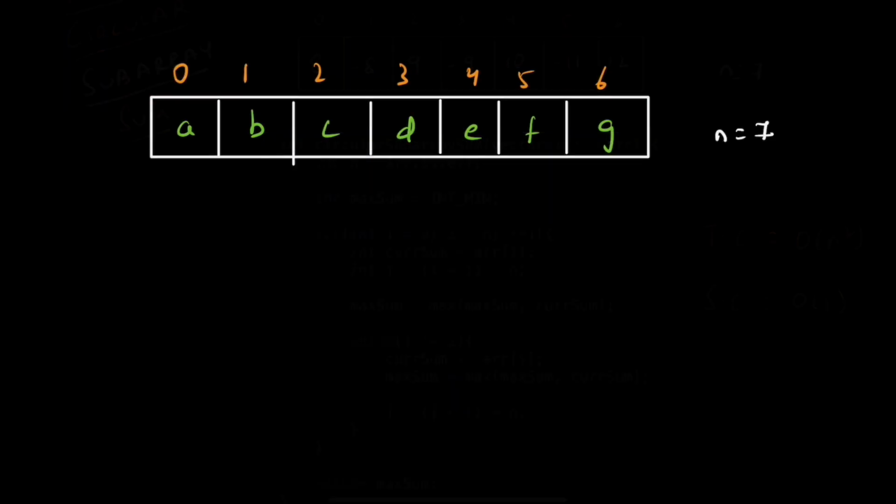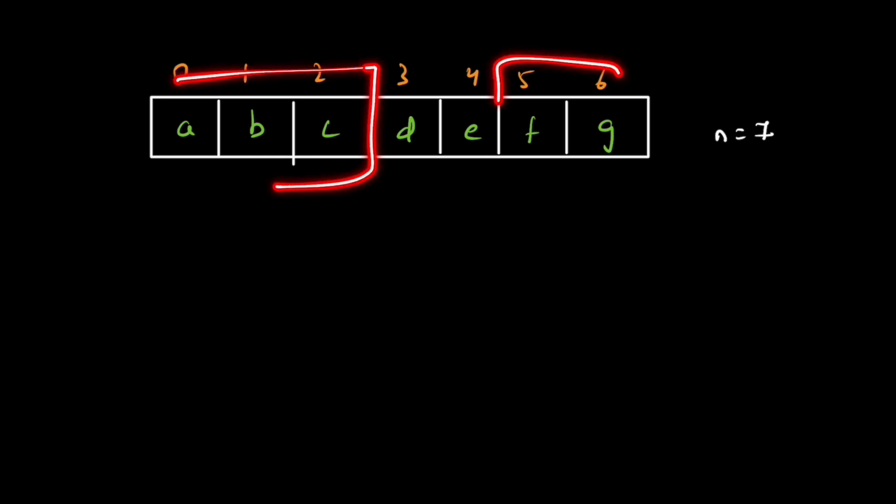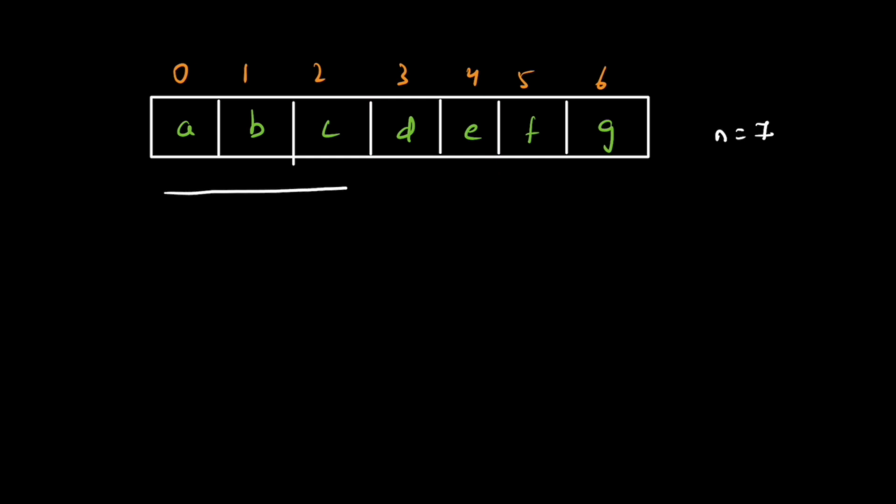Now, before moving to optimize the approach, let's consider this array and find an observation here which will greatly help in solving our problem. Now let's consider this part and this part accumulates to the maximum sum subarray. Okay, let me draw it in white line. The array from index 0 to index 2 and from index 5 to index 6.